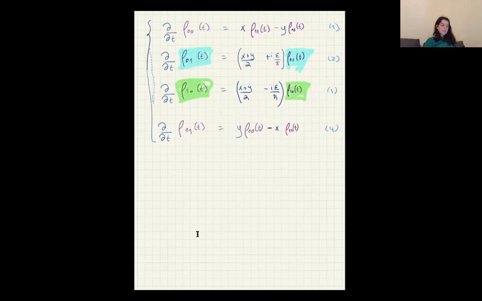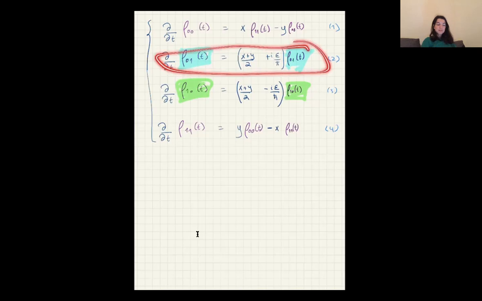And these two can be solved independently, whereas these two kind of depend on each other as coefficients. And of course, I could solve everything like a big system of linear differential equations, and this is really a matter of personal taste and what tools you're used to. But for me, I prefer solving a smaller system of linear differential equations and solve these two on their own, especially because they're kind of direct.